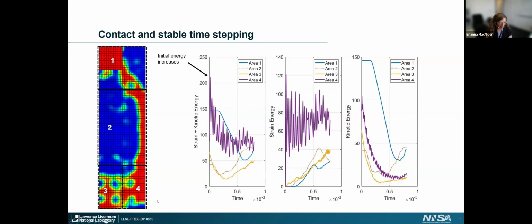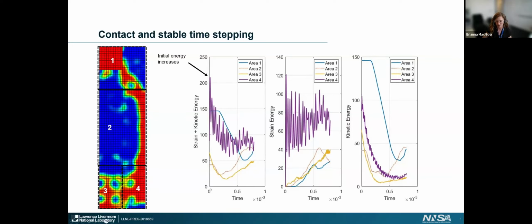What we figured out as we moved through these optimization problems is that when you have a penalty contact along the bottom, your stiffness is tied to your penalty parameter, but your density, if it goes very, very low, can skew what your stable time step should be, just for those elements along the bottom boundary.